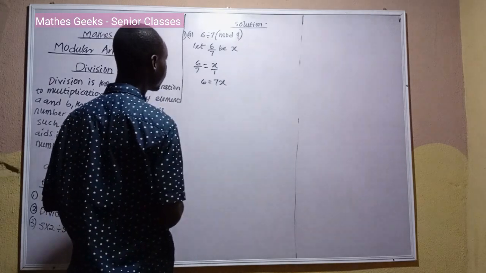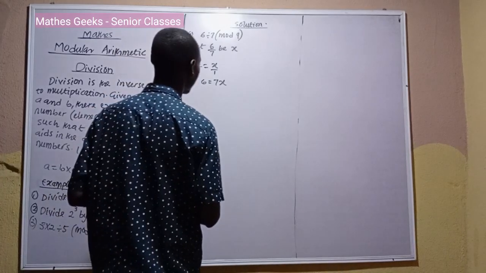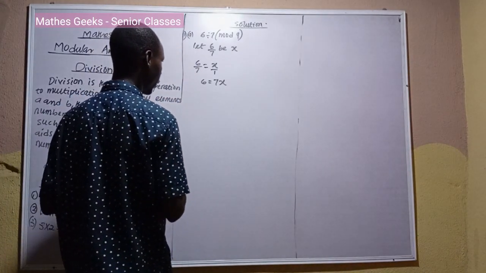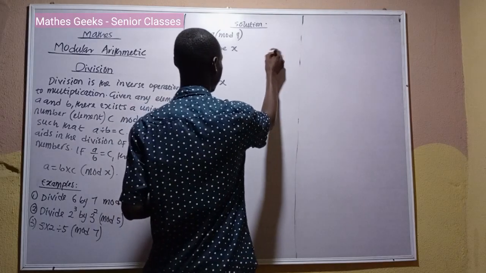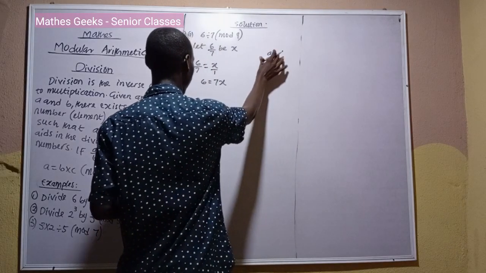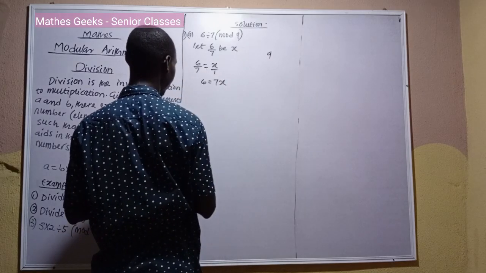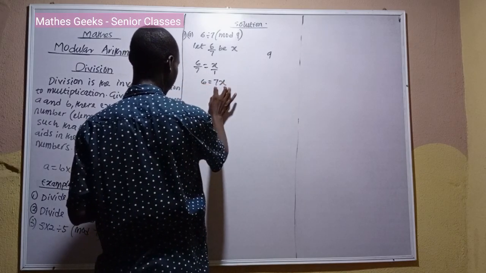But for division, we are going to get the multiple of 9 and add it to 6. So keep adding the multiple of 9 to 6 until we get a sum that is divisible by 7.